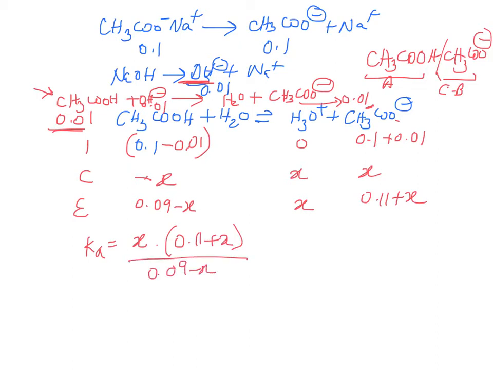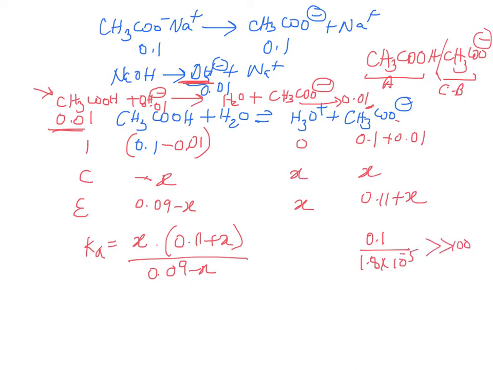Again, you ask yourself if you can use the approximation or not. So the concentration of acetic acid is 0.1. The Ka value is 1.7 or 1.8 times 10 to the negative fifth, which is way more than 100.